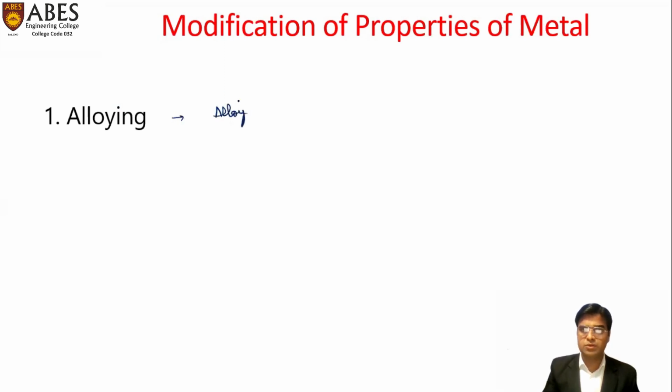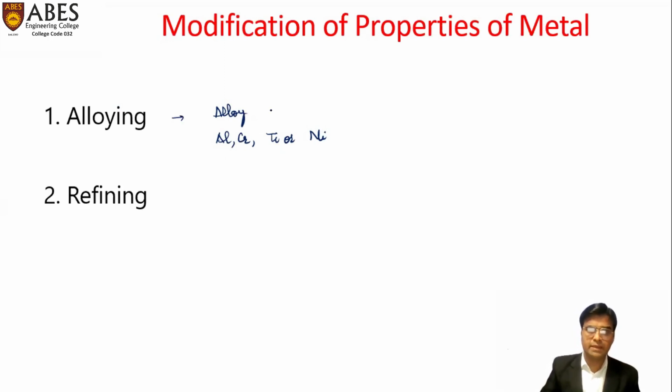Alloy is the solid solution of two or more metals. For preparing the alloy, we add aluminium, chromium, titanium, or nickel metal to the steel or to the base metal, and these metals work as protective coating because they form the protective oxide layer. This is how they prevent corrosion.